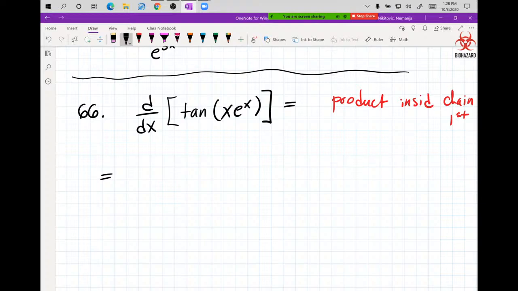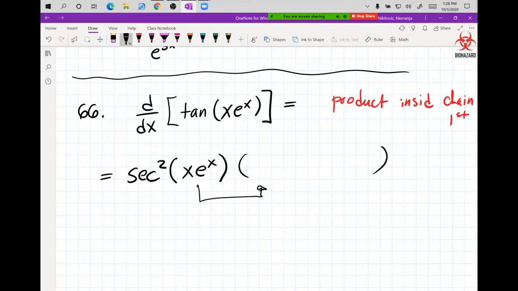So the derivative of the outer function, tangent, is secant squared of the mess. And now comes in the product rule. Copy the first, derivative of the second stays the same, plus copy the second, derivative of the first.